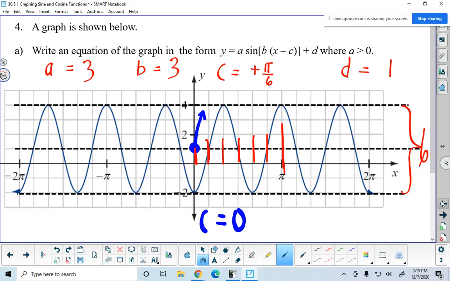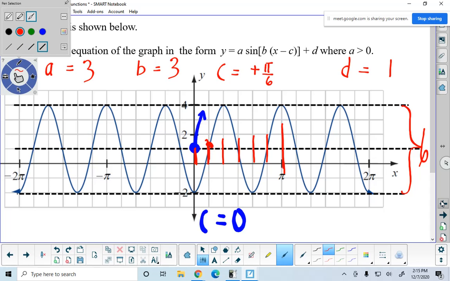I'm going to repeat that. Based on everything we've done so far, if there was no c, the graph would start in the middle where that blue dot is and go up. But the graph we want starts here and goes up. So how can we shift the blue graph to match the red graph? We throw in pi over 6 for c.